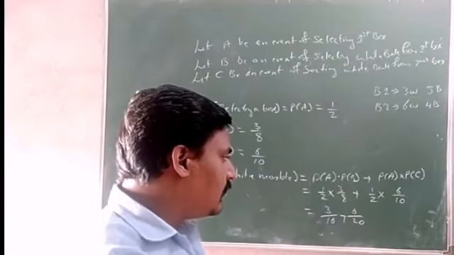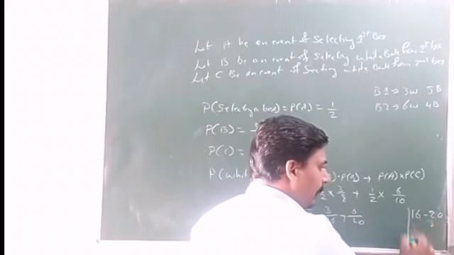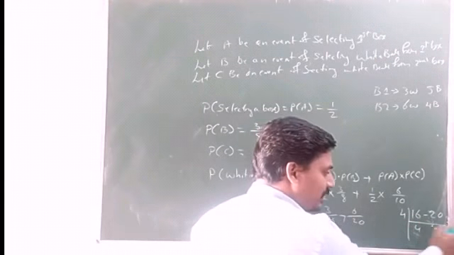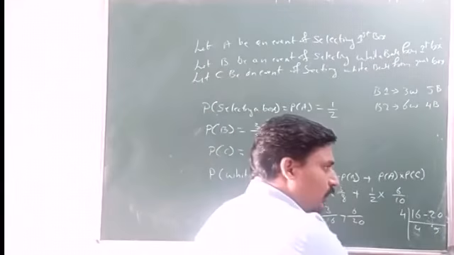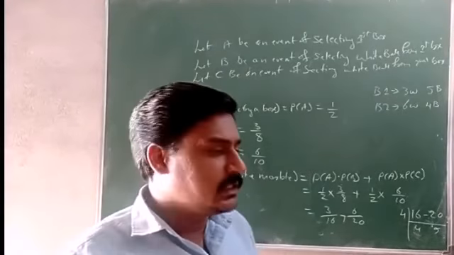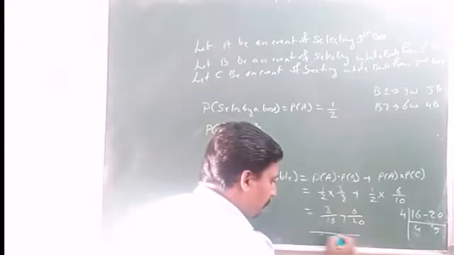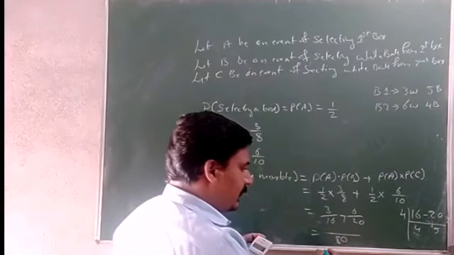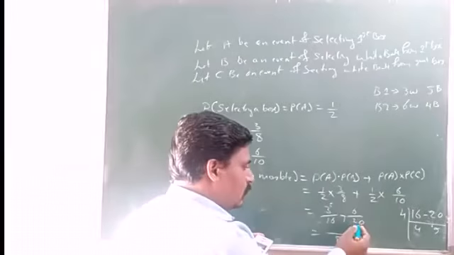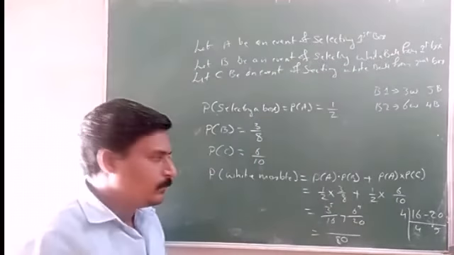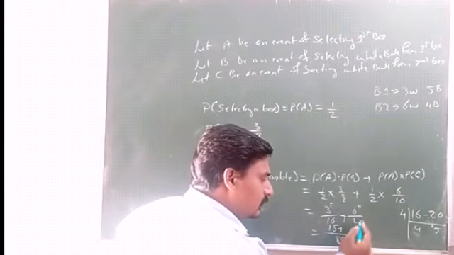So the LCM of 16 and 20 is 80. 16 fives are 80, and 20 fours are 80. So 3 into 5 is 15, plus 4 into 6 is 24.